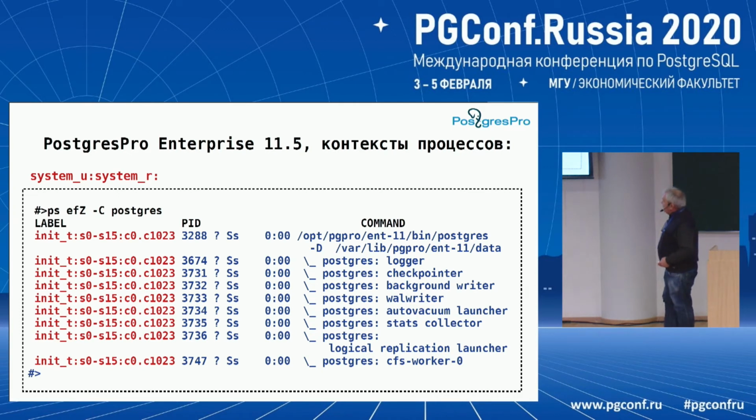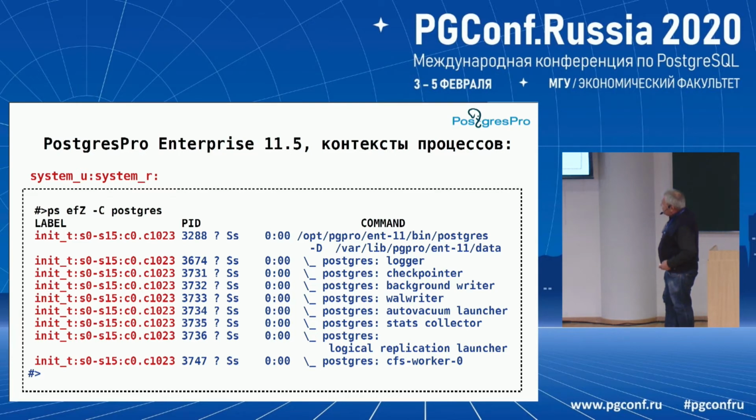So what do we get? Now Postgres is in action. The process tree, this is enterprise, so you can see the commands. Red color shows security of each process. So the role and the user are on top. It will be repeated.